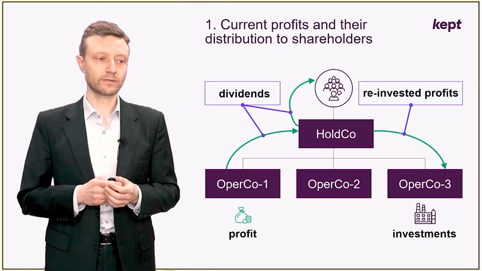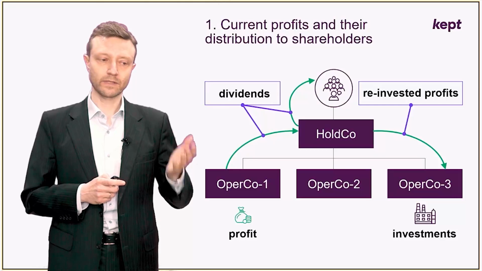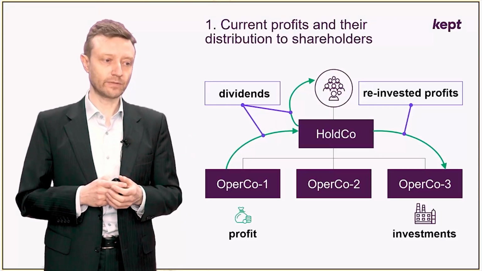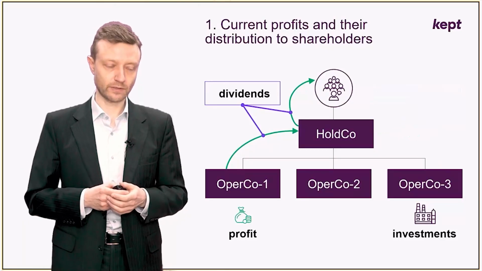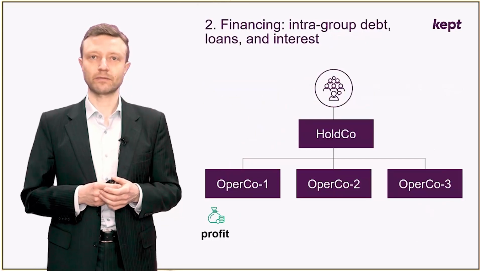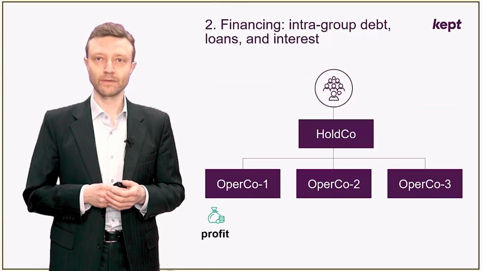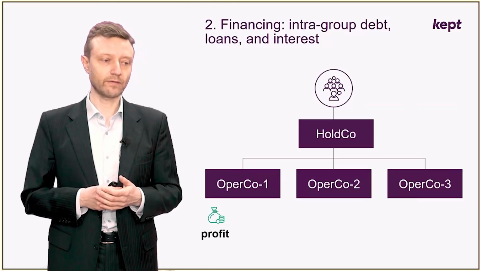So these are examples of current profits and their distribution to shareholders. This is the type of cash flows that illustrates how this can occur in a given business structure.